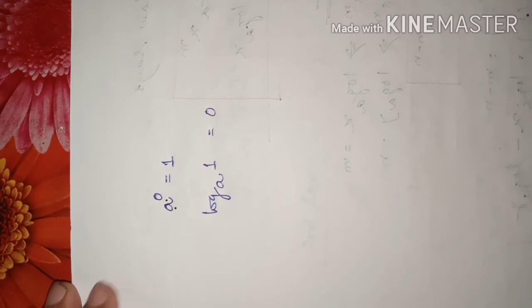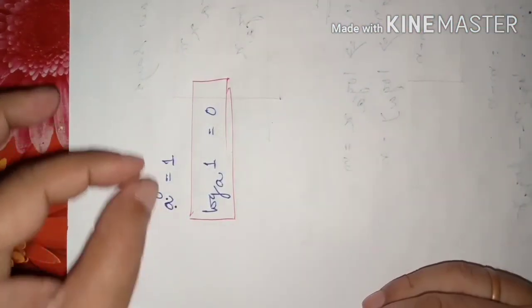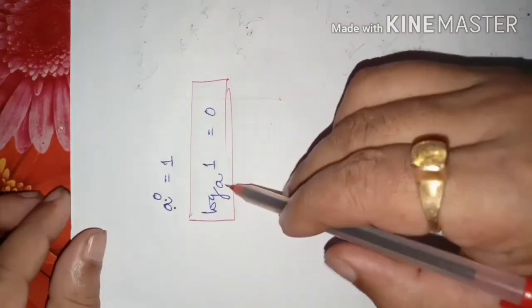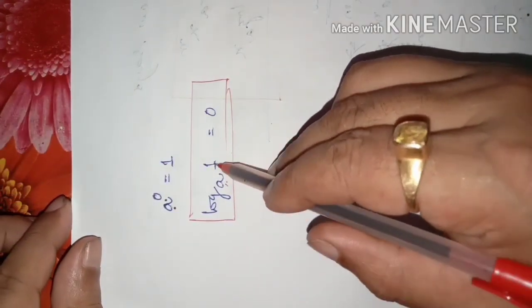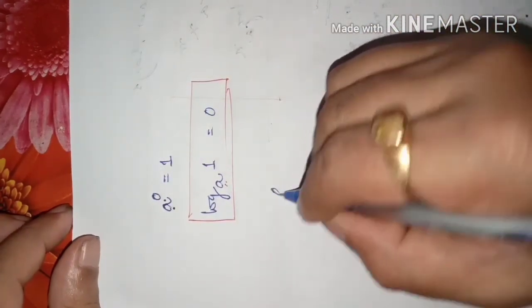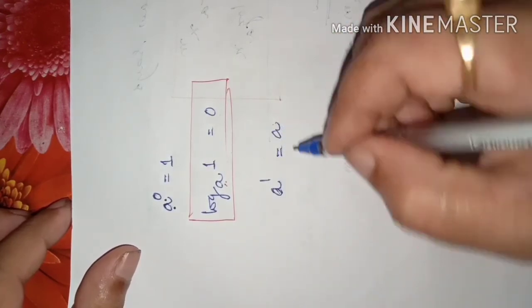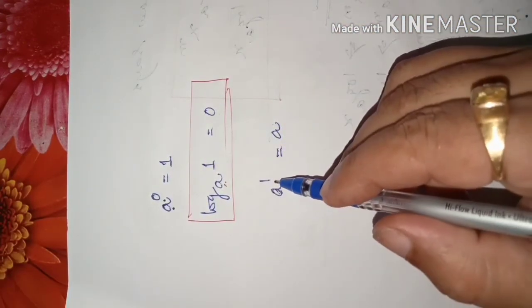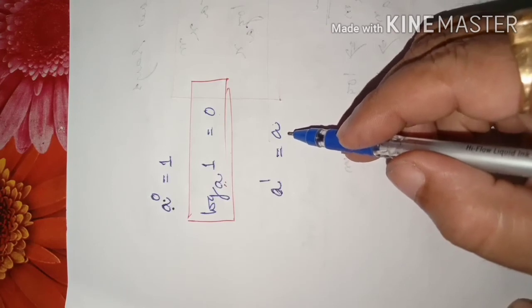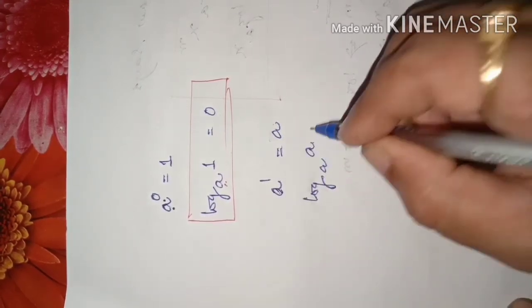Remember, log of 1 is 0, because a to the power of 0 is 1. Then you see again, a to the power of 1 is equal to a only. That means for any base, if the power is 1, the result is the number itself. Then we will write log to the base a of a is equal to 1.